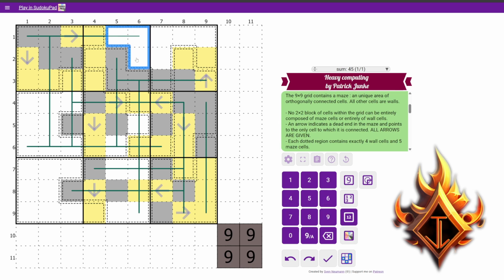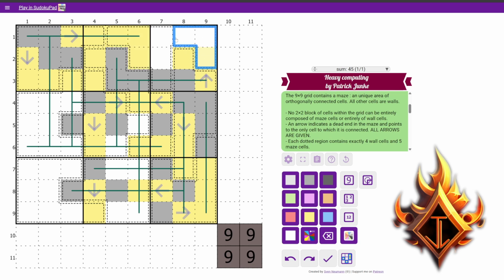And that one has to be yellow too, because we can't have a 2x2. And this one has to get out. So all 3 of those are now yellow. This is 1, 2, 3, 4. That has 4 yellows in it, and these still need to be out.